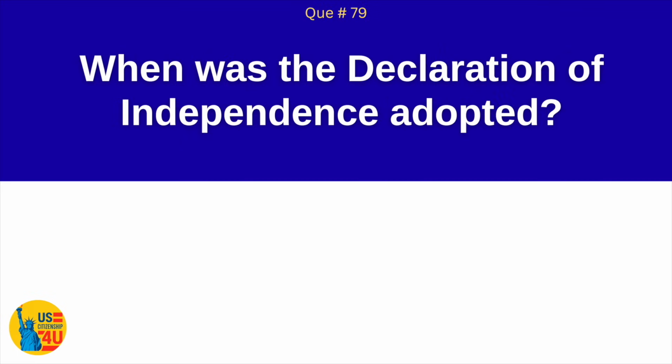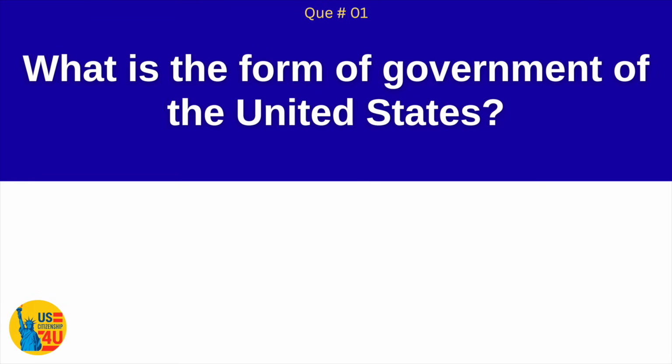When was the Declaration of Independence adopted? July 4, 1776. What is the form of government of the United States? Republic.